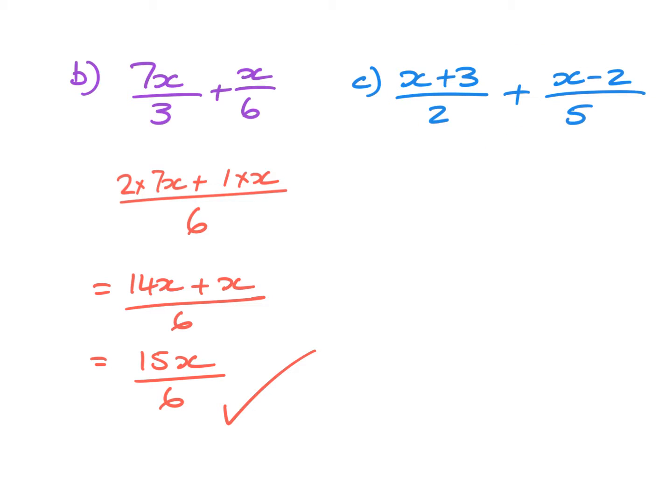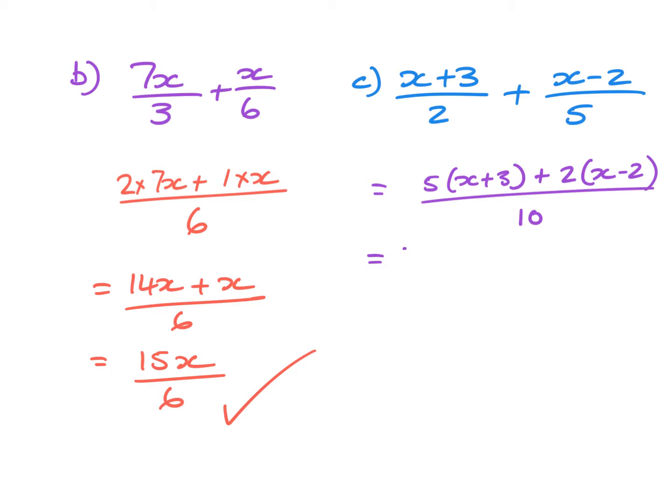Well, what about C? Well, I know that I'm going to create a common denominator there, and that's going to be 10. So I'll have it something like this. 2 goes into 10 5 times, multiplied by x plus 3, plus 5 goes into 10 twice, x minus 2. I'm now going to multiply my brackets out.